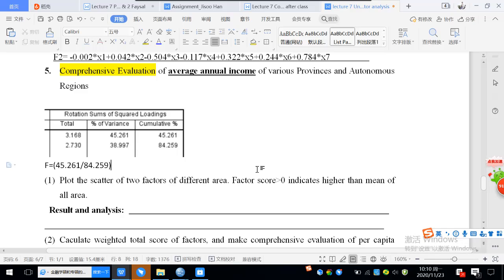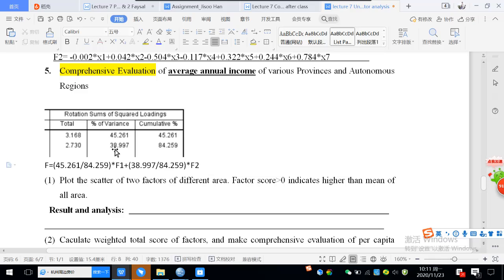Okay, and then multiply F1, add F2, 38.997 divided by 84.259 multiply F2.